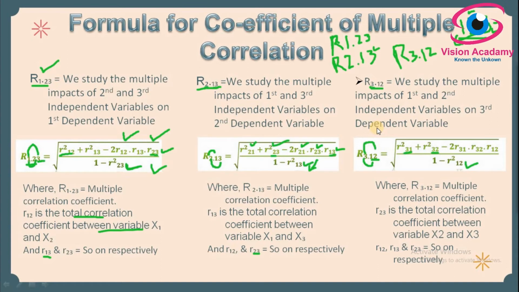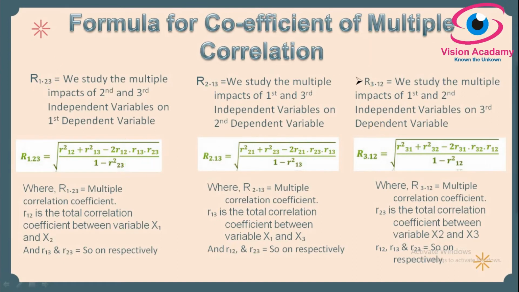Understanding the formula is very essential in case of multiple correlation coefficient, otherwise you will be in trouble. Please pause the video, go back and listen to this formula explanation one more time. And one more thing we have to consider here: to calculate R2.13 we use this formula, to calculate R1.23 we use this formula, and so on.